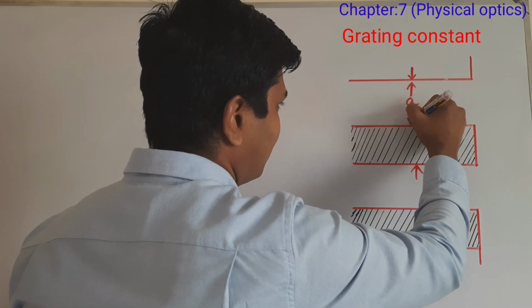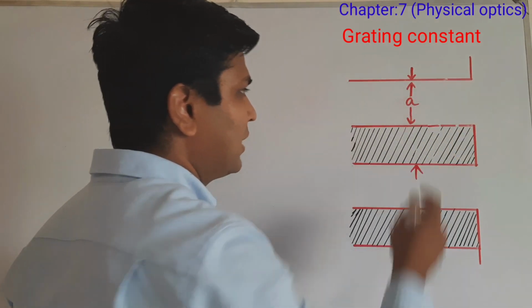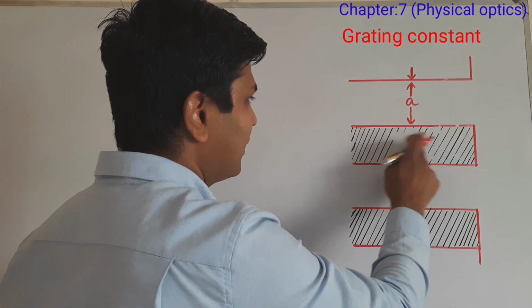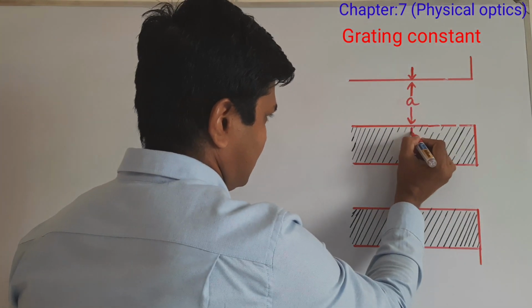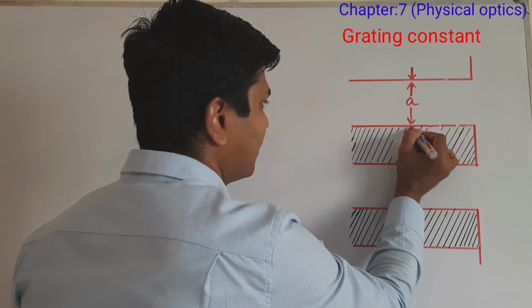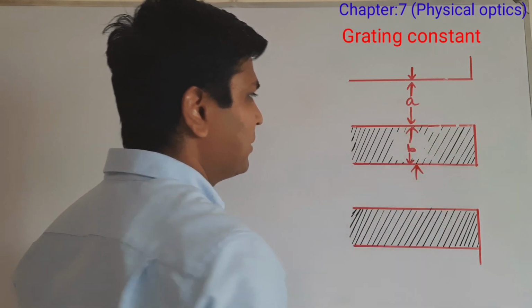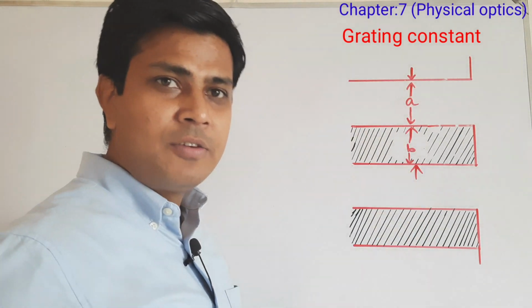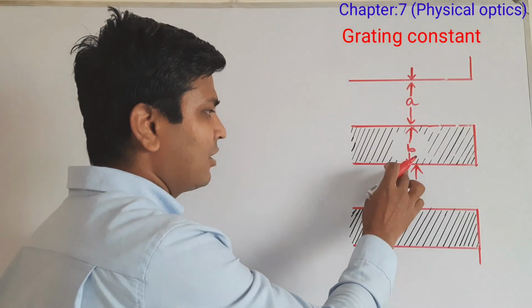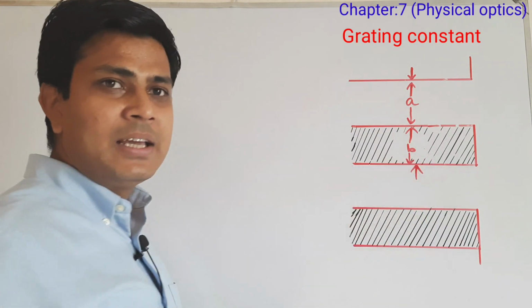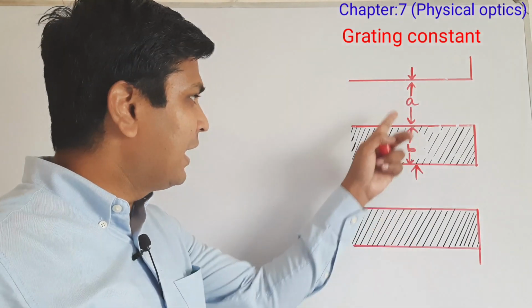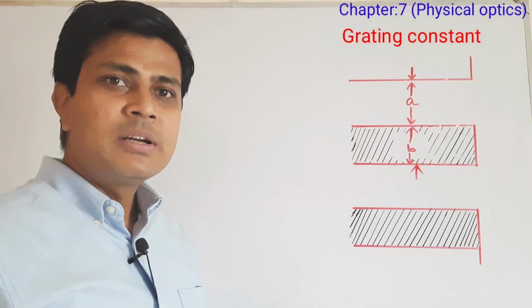The width of the slit is A and the width of the line is B. So, the total distance from the starting of a slit to the starting of the next slit is A plus B.